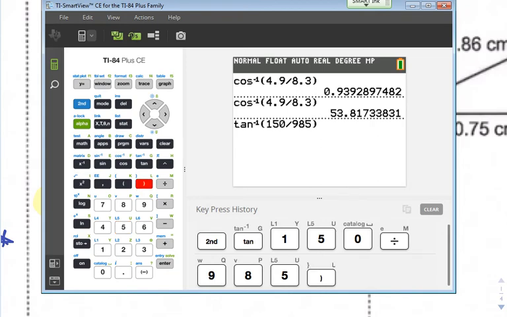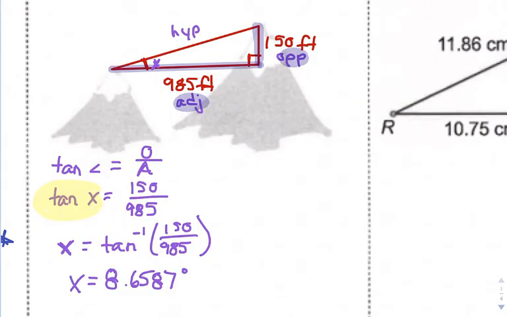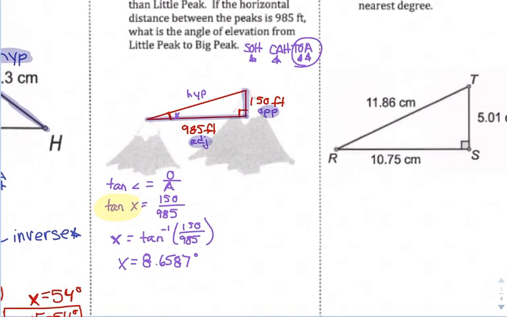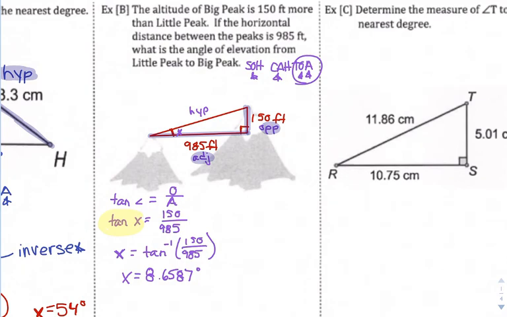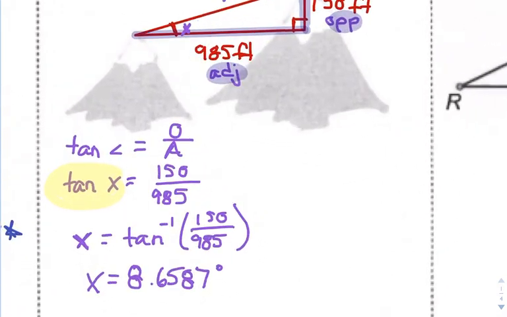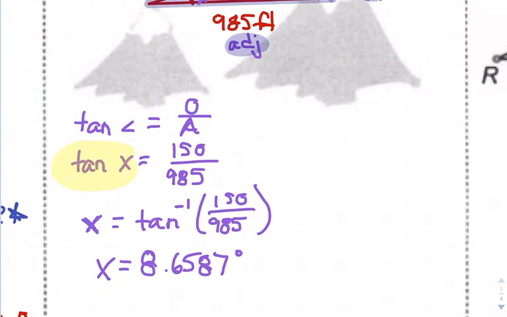Close that parentheses and hit enter, and then I get that x is about 8.6587 degrees. So if I come back and I look, it doesn't say round or anything, so we'll just leave it like that. So that means that bottom angle is about 9 degrees if we're rounding to the nearest degree.